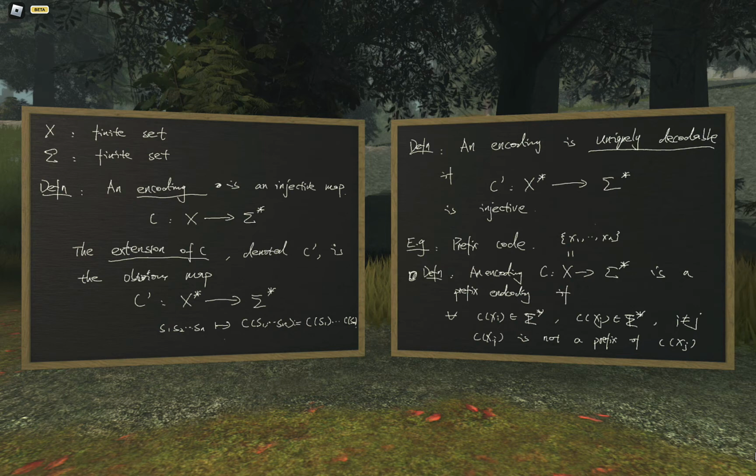So this is saying no code word is a prefix of another code word. And this is an example of a uniquely decodable encoding.